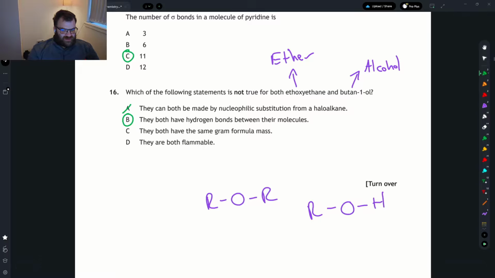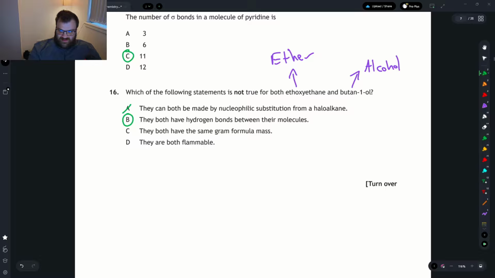And that's going to be our answer for that. The thing to watch for, and this was one of the questions a year ago or a couple of years ago, was that they can both hydrogen bond to water. So because of their lone pairs, they are able to make hydrogen bonds with water, but not between themselves. So not ether to ether, but ether to water would be able to do it.